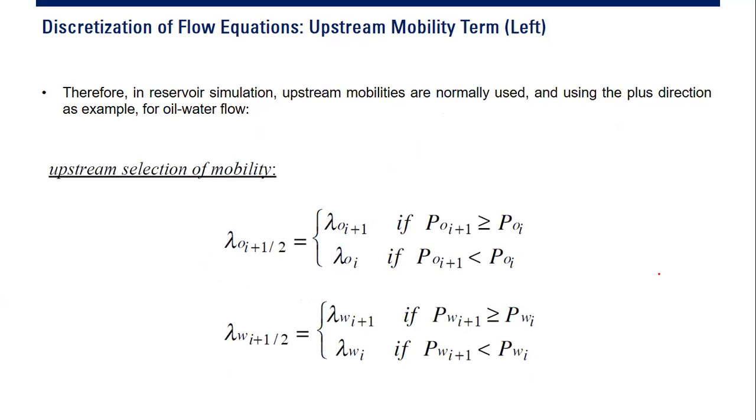And then we continue. Therefore, in reservoir simulation, upstream mobilities are normally used. Using the plus direction example for the flow of an oil and water system, we will have this.